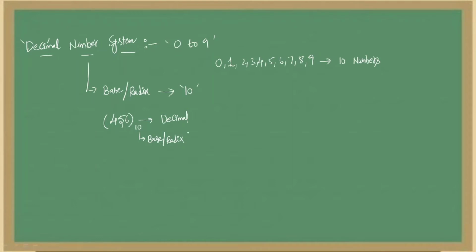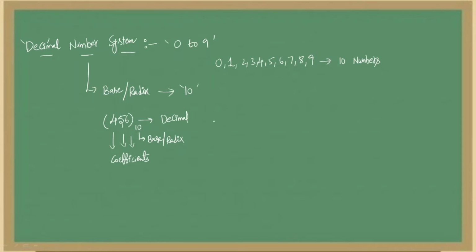Now the basic thing related to the decimal number system which we need to understand is that here we consider 4, 5, 6 as coefficients.